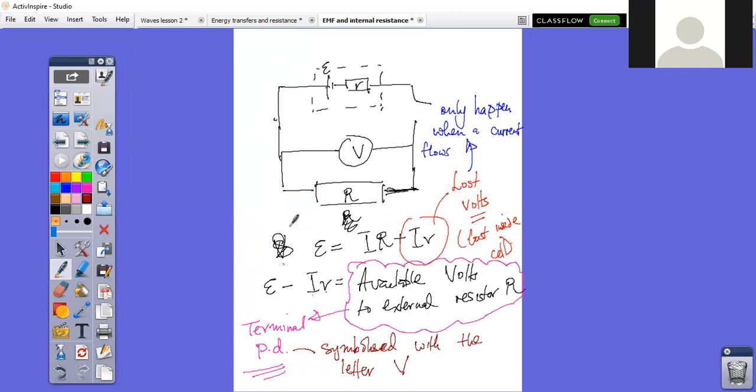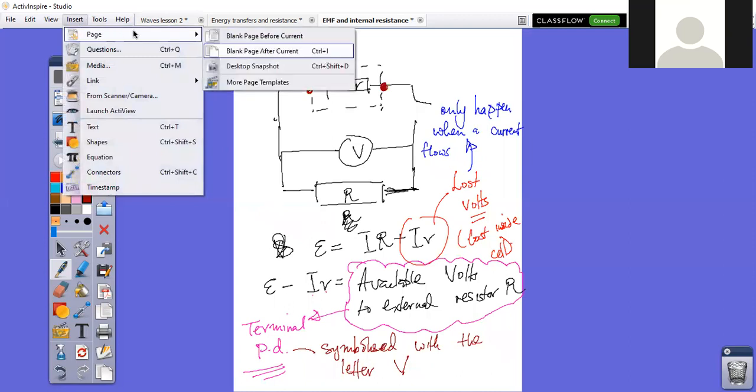That's why we call it the terminal PD. It is measured between the terminals of the battery. But let's delve into this a little bit more again.